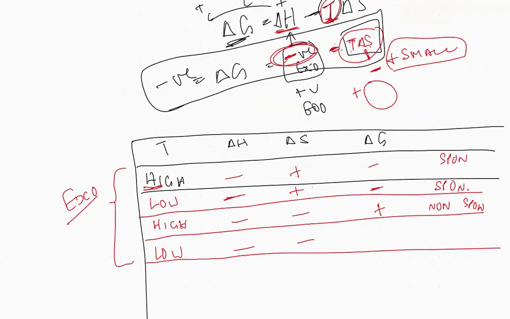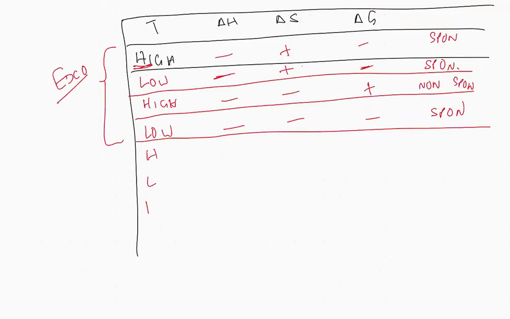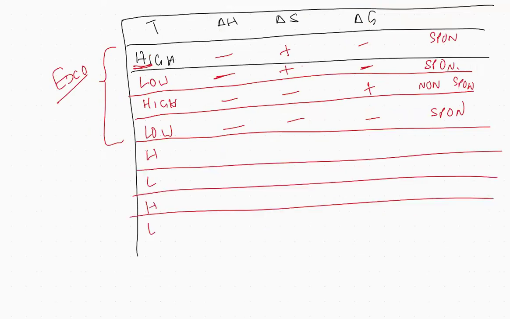Okay. Now go for again high, low, high, low. So delta H is positive. Now if delta H is positive and delta S is positive, but because T is high, let me write it here.